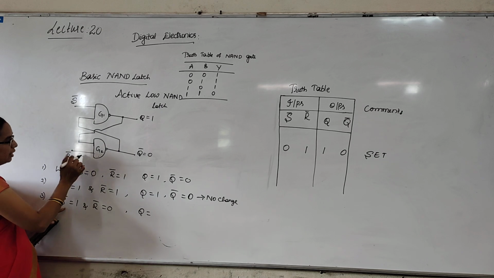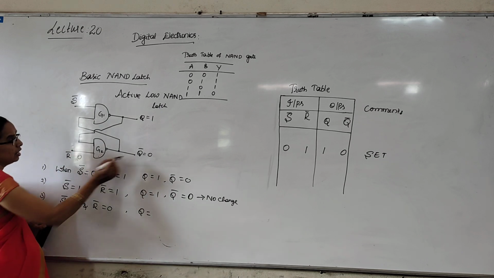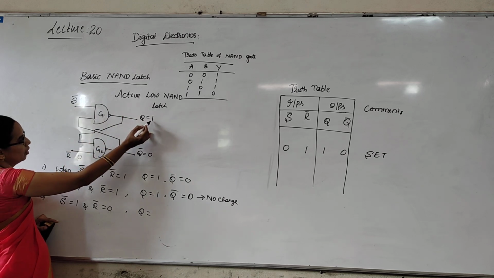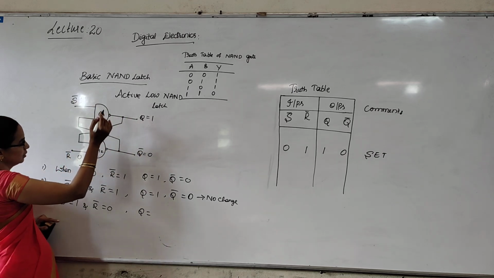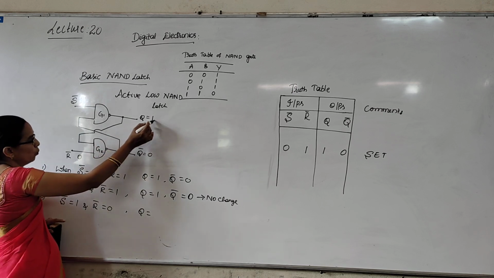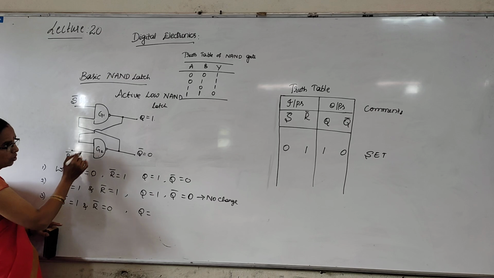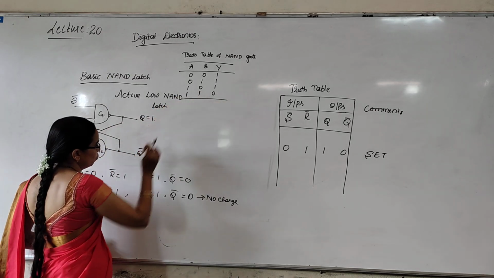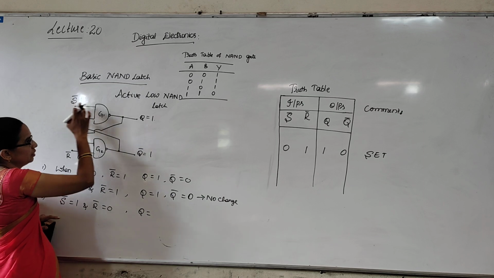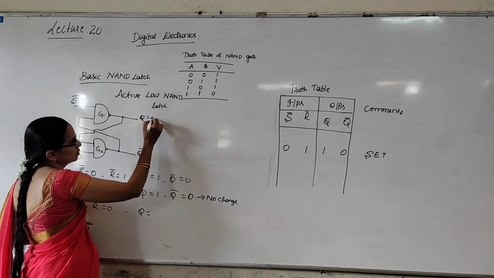S bar is 1 and R bar is 0, I made. S bar I retained the same thing, right? R bar I changed. So 1 and 0 leads to 1, Q bar becomes 1, and 1 and 1 leads to 0.